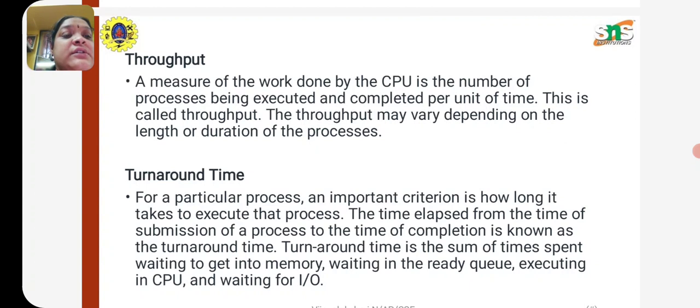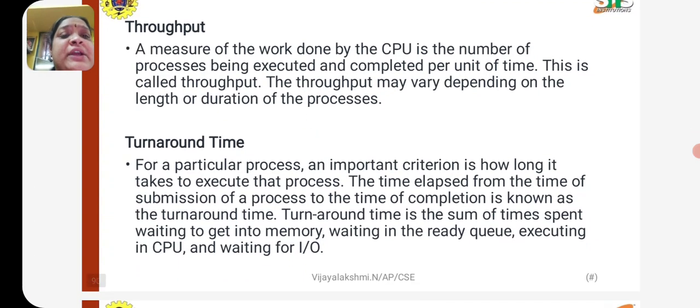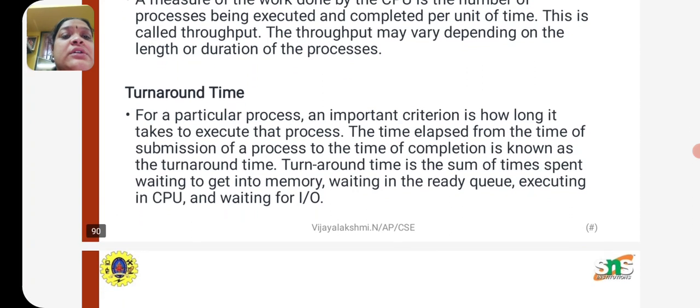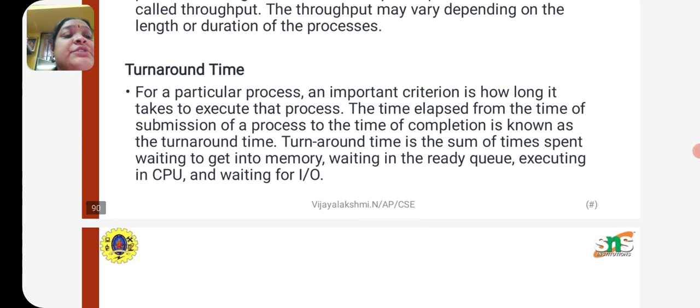It may vary depending on the length or duration of the processes. Turnaround time for a particular process is an important criterion: how long it takes to execute that process. The time elapsed from the time of submission of the process to the time of completion is known as turnaround time.